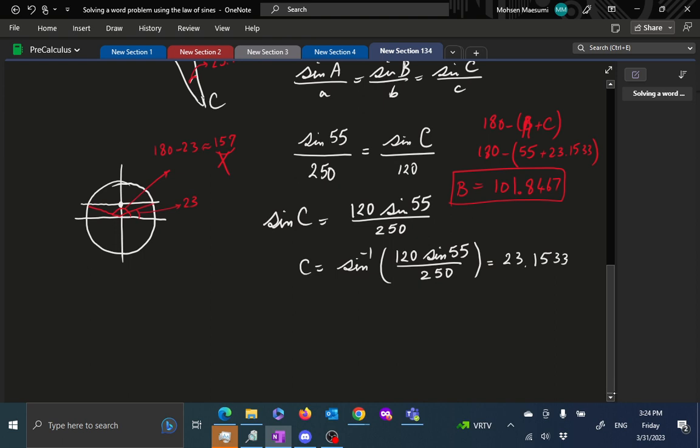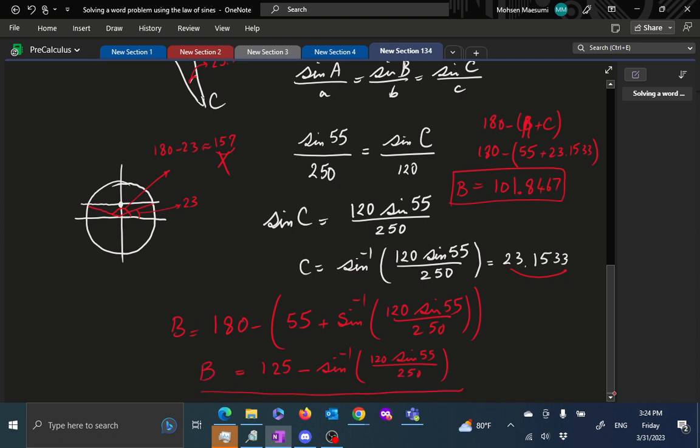If you want to use the calculator to write this thing, you say B would turn out to be 180 minus 55 minus sine inverse of 120 times sine of 55 over 250. You can clean it up slightly. This is 125 minus sine inverse of 120 sine of 55 over 250.